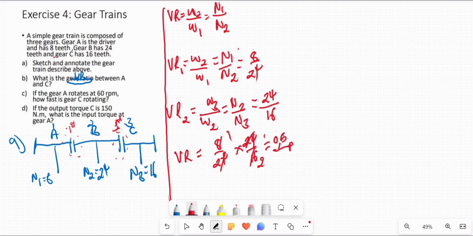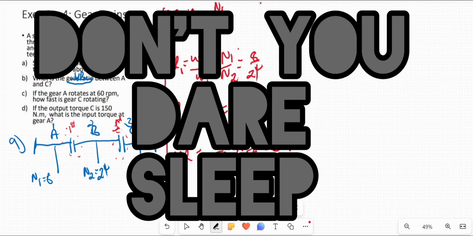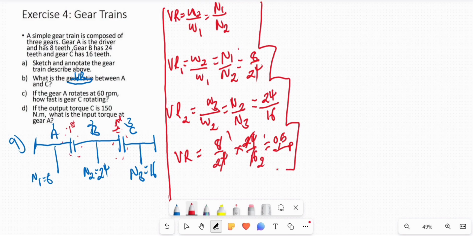That's your velocity ratio. Now, we are done with the velocity ratio between A and C. We move on. If gear A rotates at 60 RPM, how fast is gear C rotating? So we know that our velocity ratio is equal to omega out over omega in. Our overall velocity ratio is equal to 0.5.